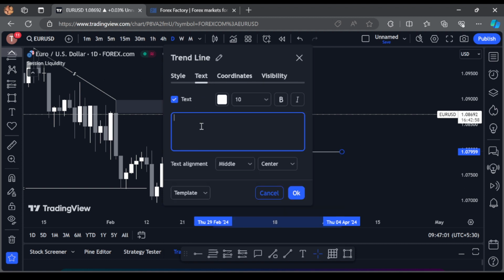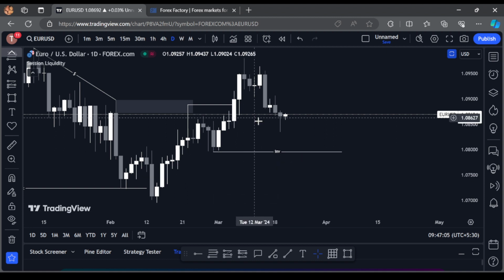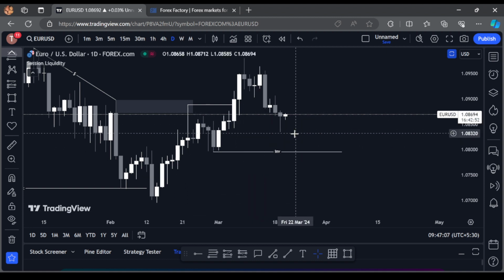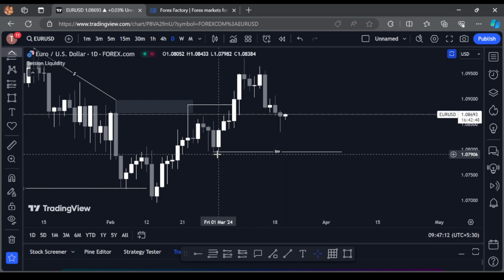So I'll be putting this as an invalidation zone, and we are having a reaction right at this zone. I'm going to find some areas which are unmitigated by the market from where the market can actually respond. So let's move to the 4 hours.